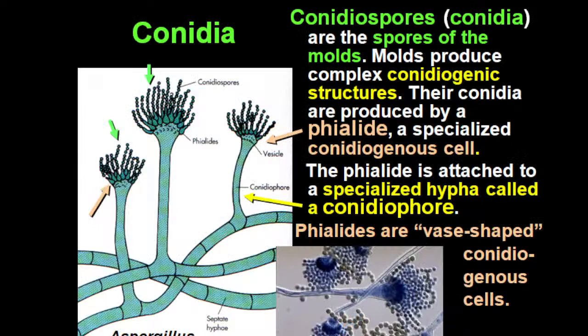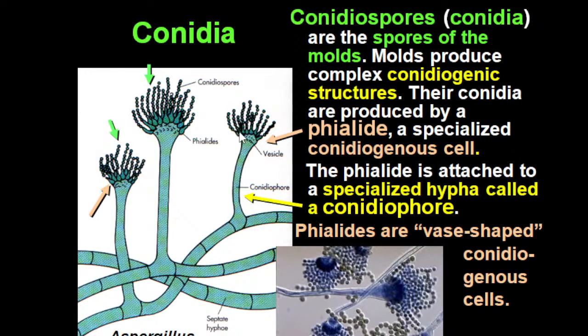The first way is the example of Aspergillus flavus. You can see this is a mold, and these are the aerial hyphae. At the top of this aerial part of the hyphae there are very special structures.